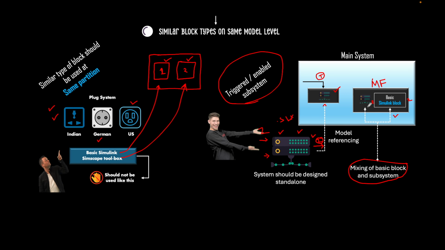This way you do not need to debug the same model multiple times. You will be using the same model by model referencing, and it will make your task easier. Complex systems are designed this way, and this will help you get a clear picture of the model that you have. This is all about the block type on the same level.